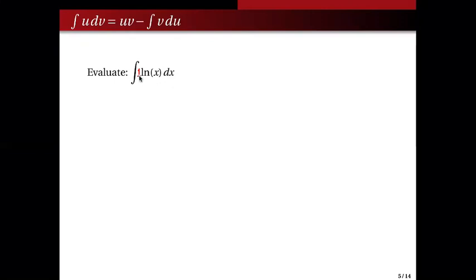This 1 is a polynomial, it is algebraic. So from your LIATE, your u will be ln of x, and the dv will be 1 dx. I'll just write dx.